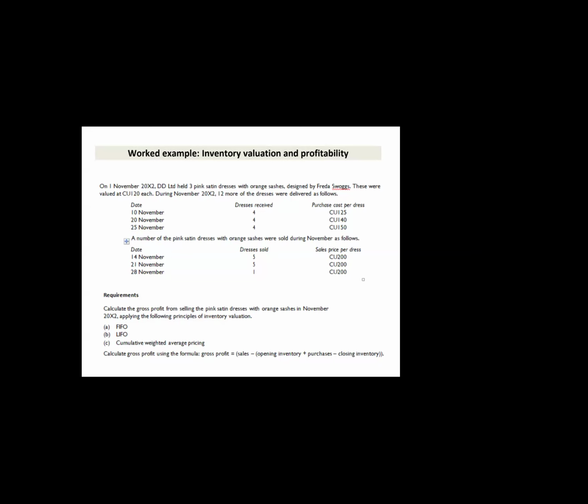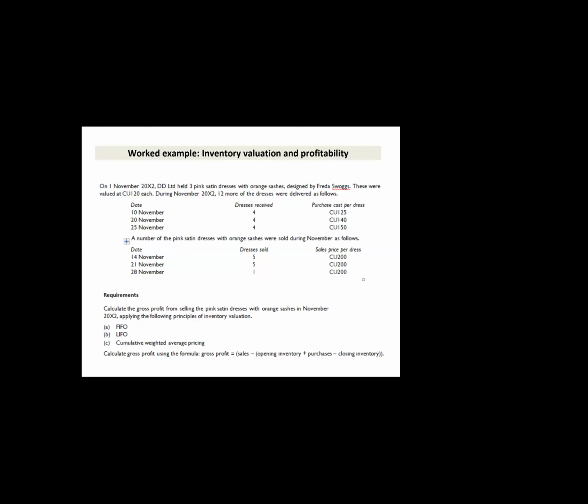610 for 5. Then on 20 November, we received 4 units at the rate of 140. So up to 20th November, we have 2 units at the rate of 125 and 4 units at the rate of 140. And on 21st, we issued 5 units: 2 units at the rate of 125 and 3 units at the rate of 140.